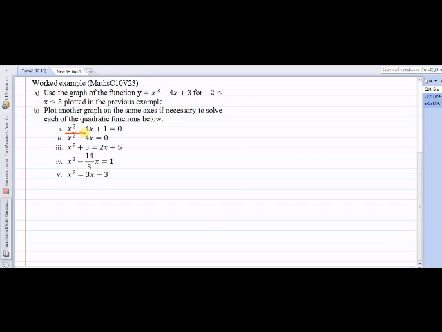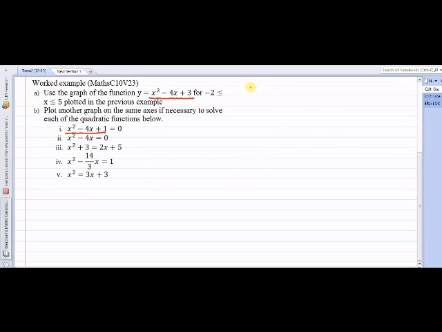As we can see here, this quadratic equation is different from x squared minus 4x plus 3, and the same characteristic can be observed for the remaining equations. So how can we do this?